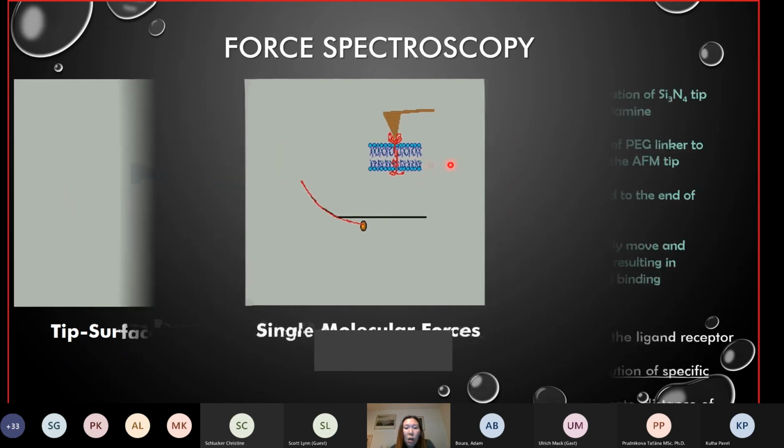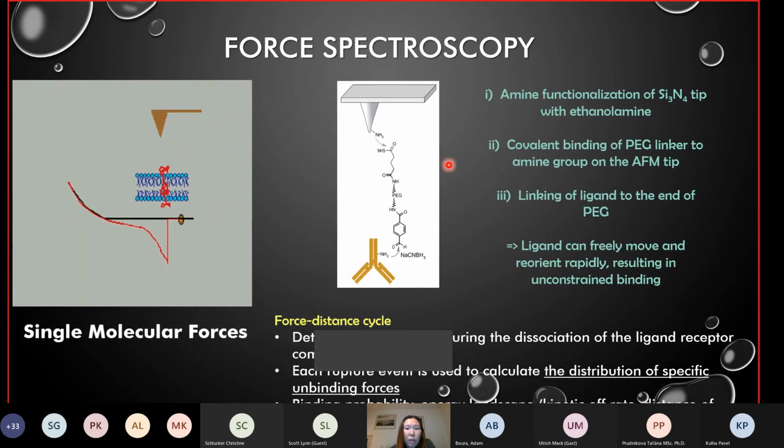So we can modify our AFM cantilever with really different ligands. We have quite a library to attach whatever ligand on our AFM cantilever. Most AFM cantilevers are produced by silicon-based MEMS technology. So we can easily apply an amine group to the end of the AFM cantilever tip, and then covalently link a polyethylene glycol linker to the end of the tip.